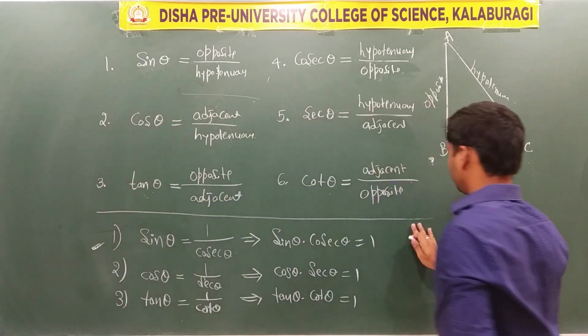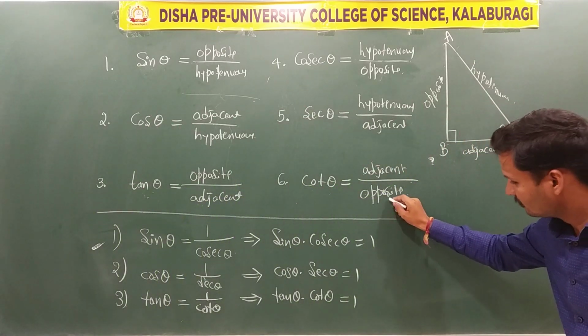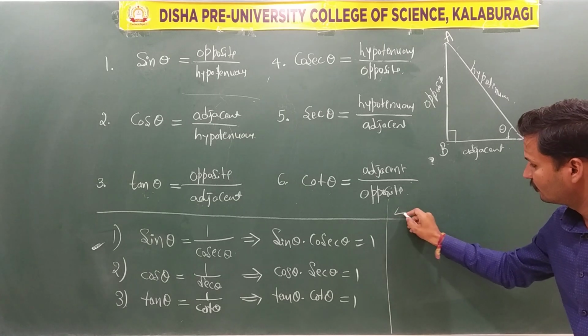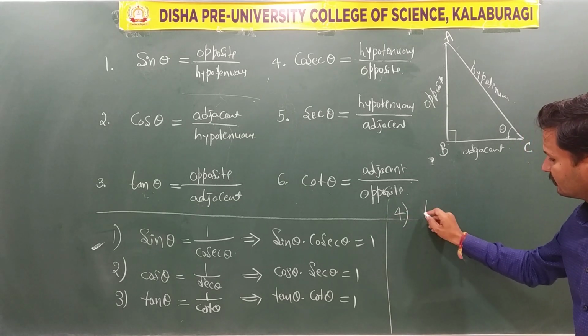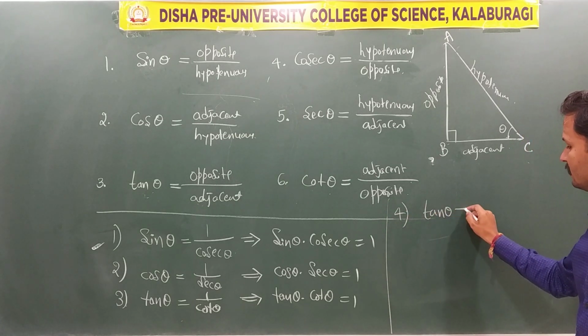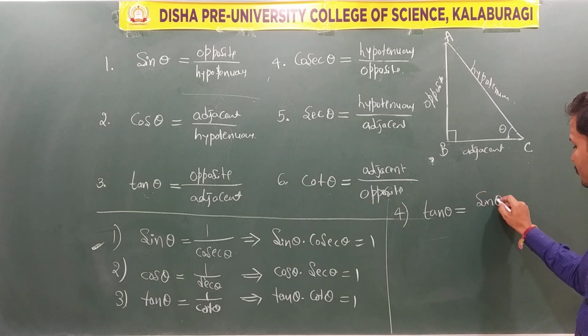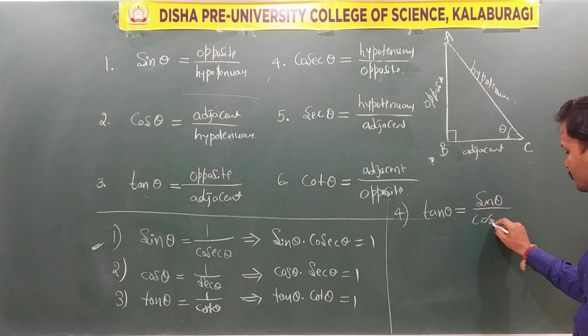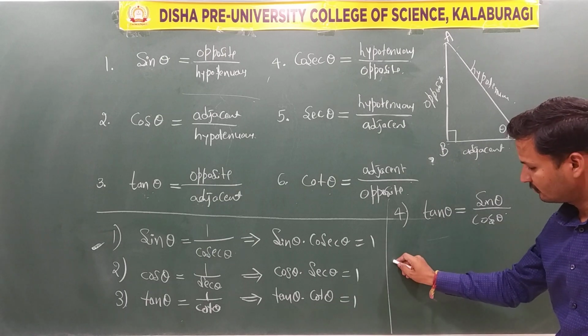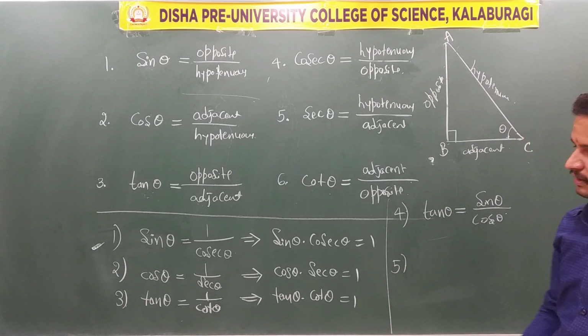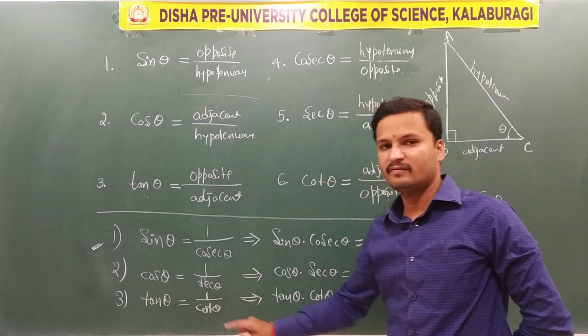So the tan function is equal to, fourth one, tan theta, which is the ratio of sin theta to cos theta. And we know tan theta is the reciprocal of cot theta.